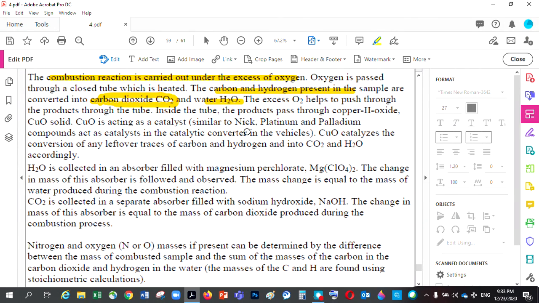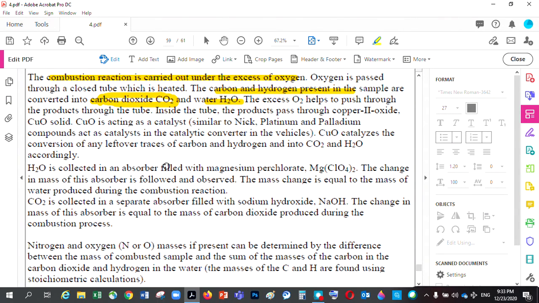So inside the tube we have a copper(II) oxide catalyst. This is similar to nickel and palladium in the catalytic converter in cars, and it catalyzes the conversion of the combustion of any compound to CO2 and H2O.